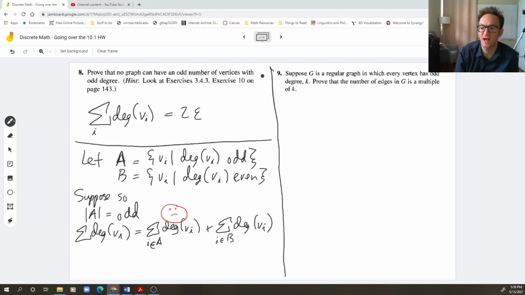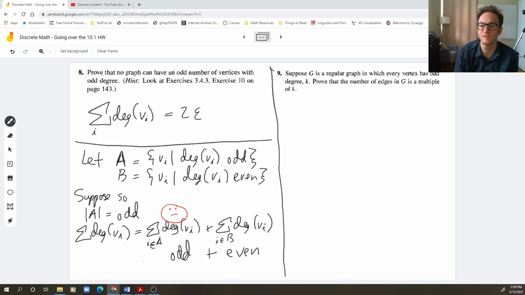The set A is the set of all the vertices with odd degree. I'm adding up all those degrees, so I'm adding up an odd number of odd numbers. If you add up an odd number of odd numbers, that's a fact of number theory, the result is odd. And all the vertices in B have even degree, so regardless of how many vertices there are here, this is going to be an even number.